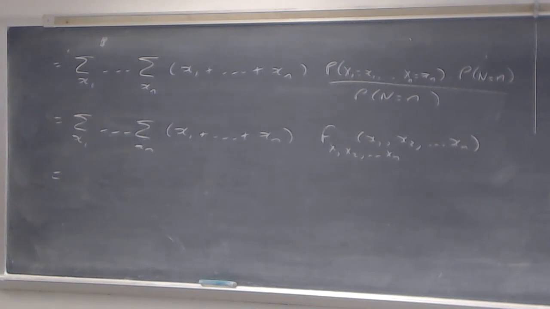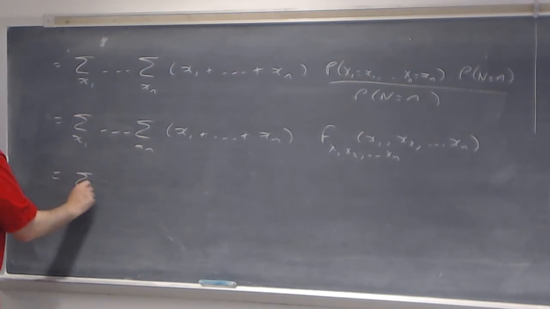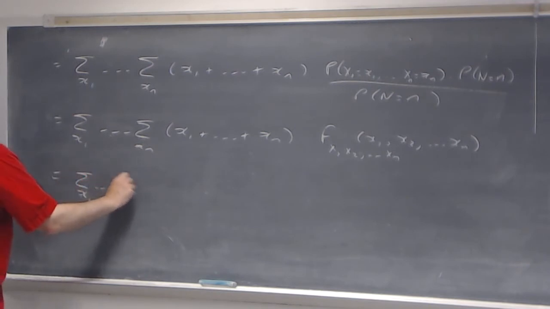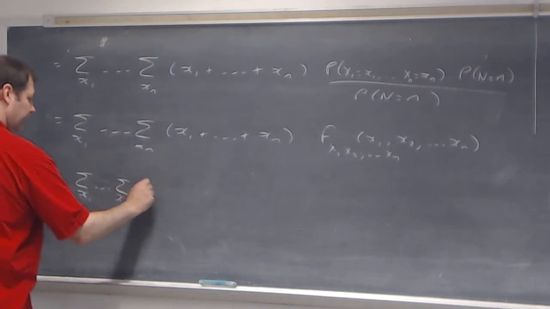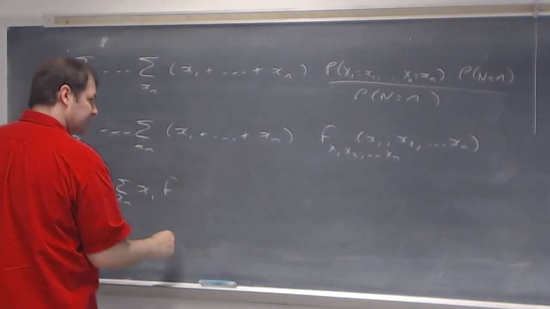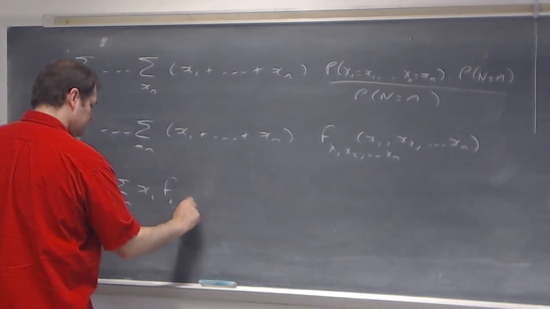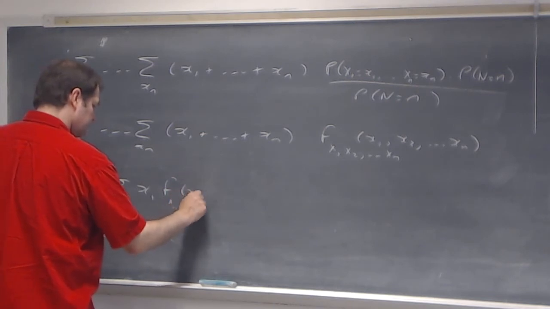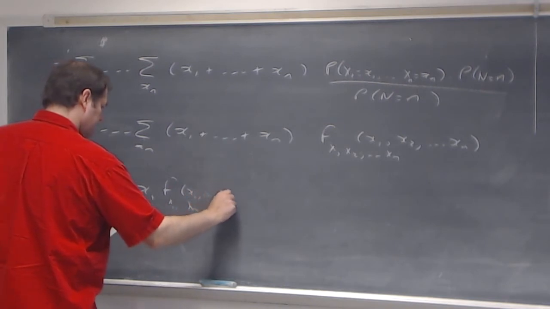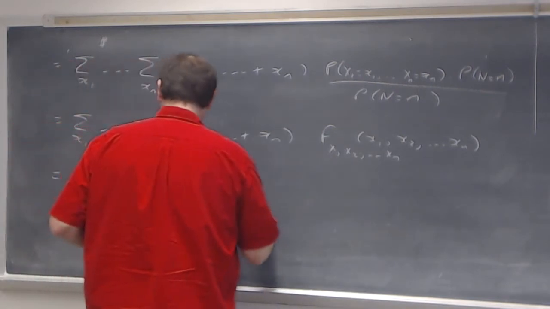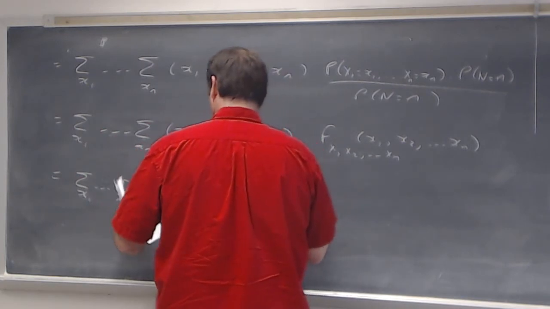Okay. All right, and then that can be broken down, if you will, into n sums, where you have the sum over x of 1 up to the sum over the x of n of x of 1 times this joint PDF, plus you'd have the next one.